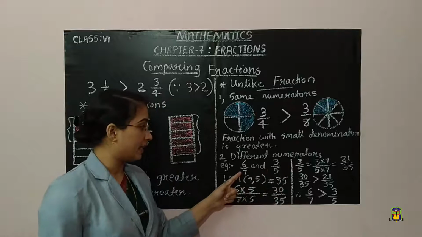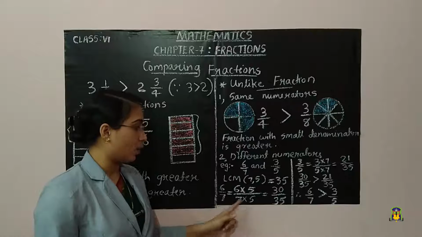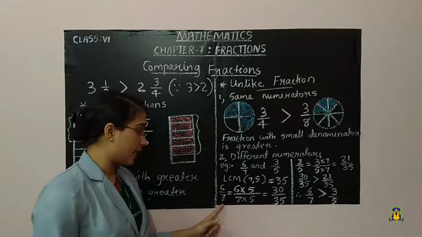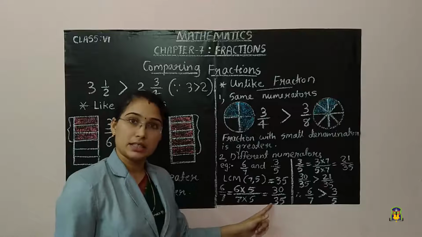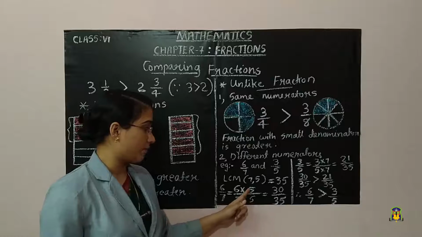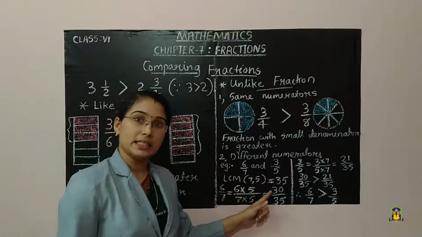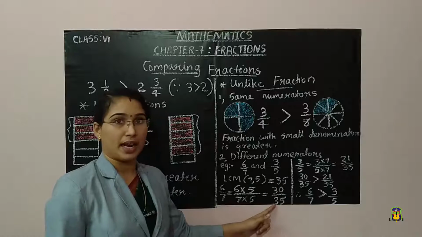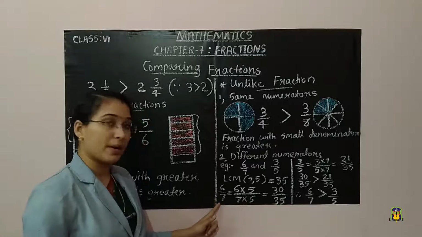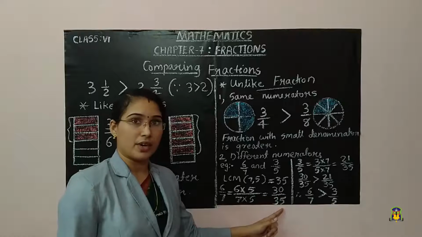First take the first fraction and make the denominator 35. 7 into which number will give 35? 7 fives are 35. So we take this 5 and multiply the numerator: 6 into 5, we get 30. So 30 by 35 is the new fraction, and 6 by 7 and 30 by 35 are equivalent fractions.